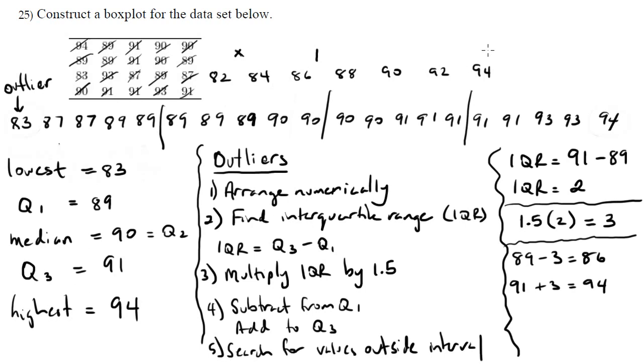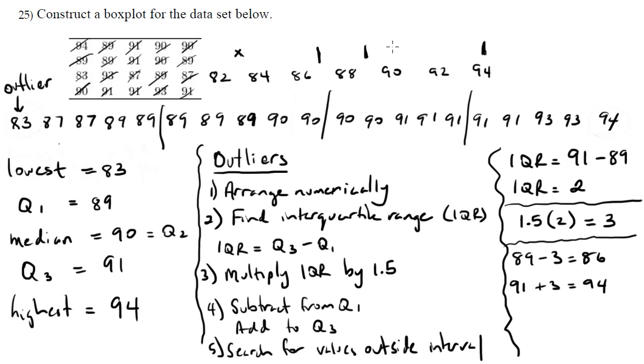I make a little segment at my largest value here, 94. I make a segment at Q1, 89.